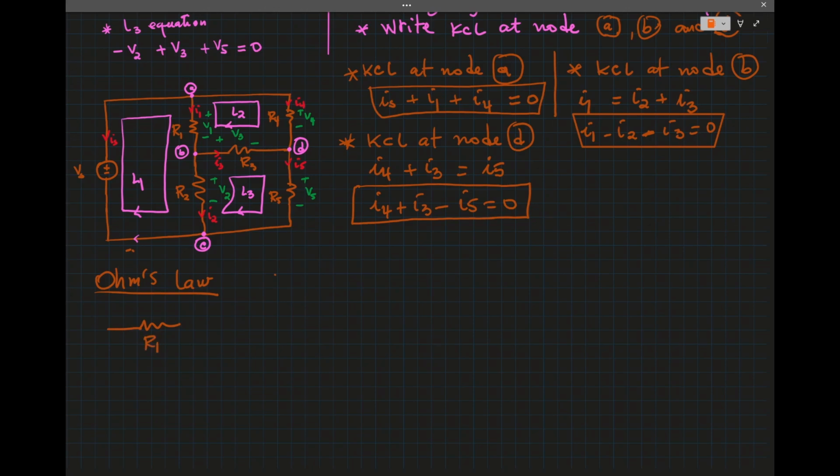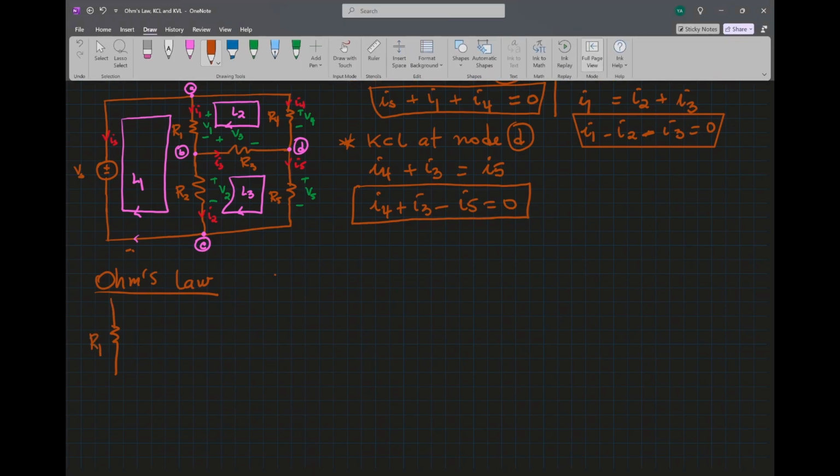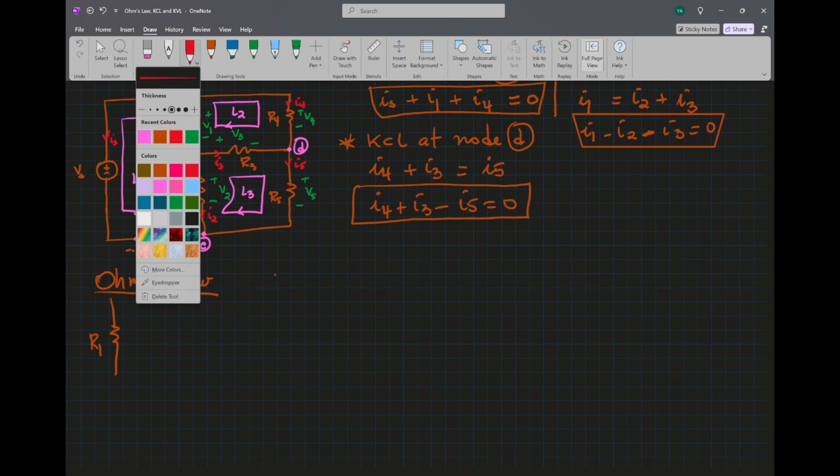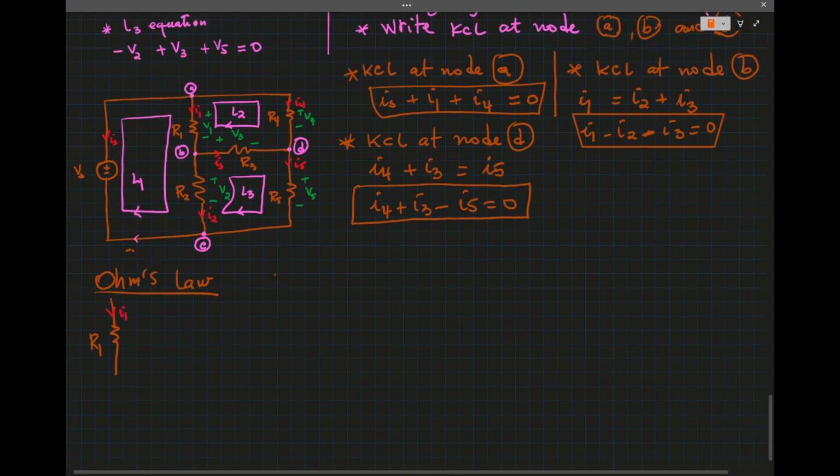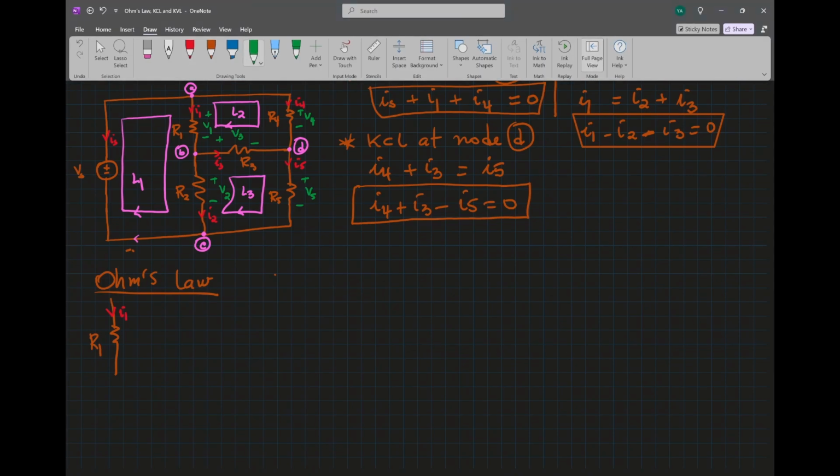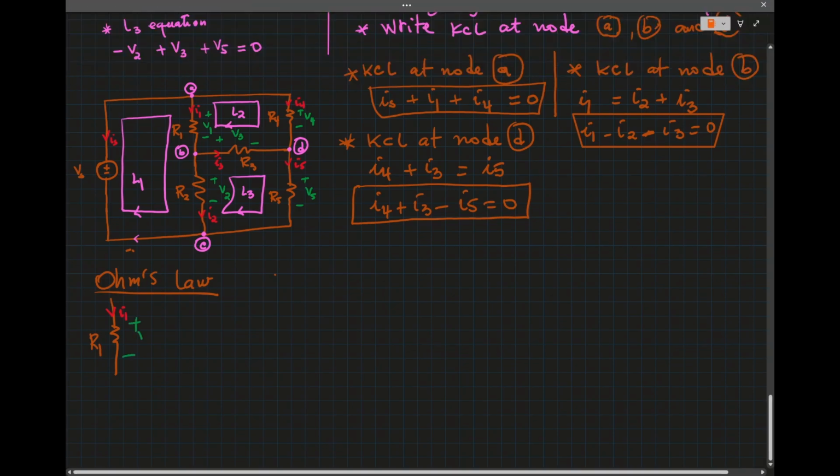We have R1, and current I1 that's going through R1, and the voltage across that is V1.